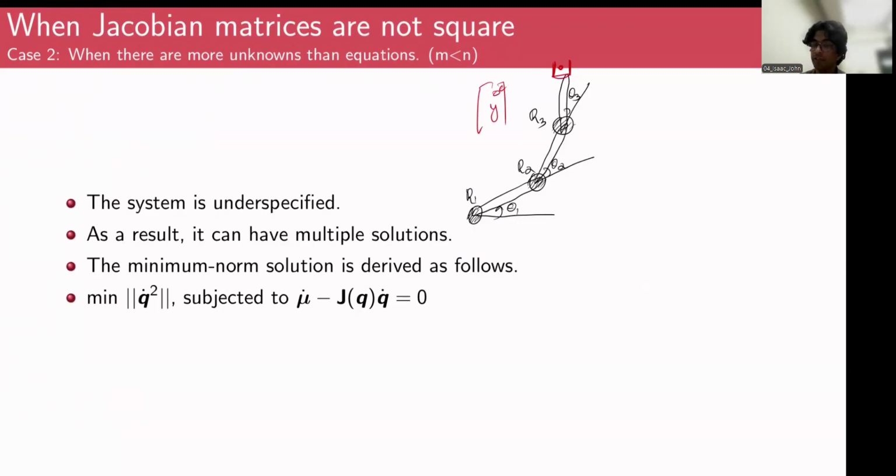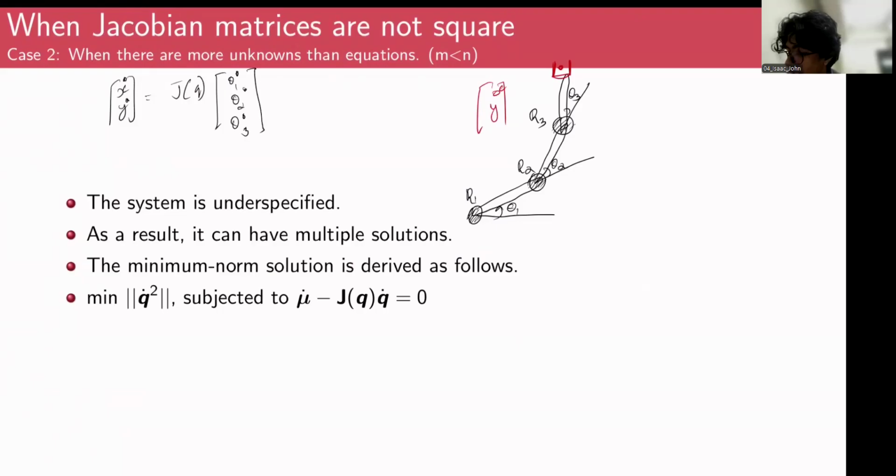So how would your forward differential kinematic equations look? It would look something like x dot, y dot would be a Jacobian matrix J of q multiplied by theta1 dot, theta2 dot, and theta3 dot.